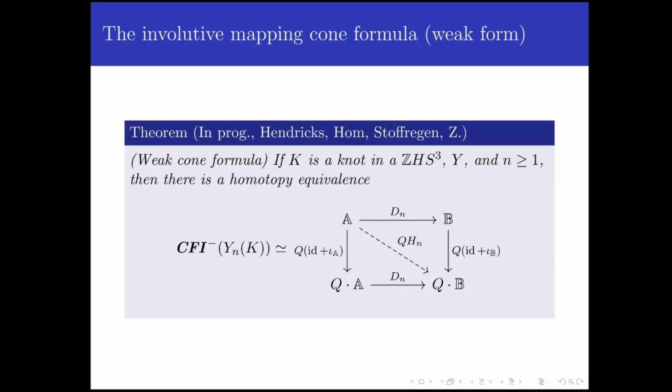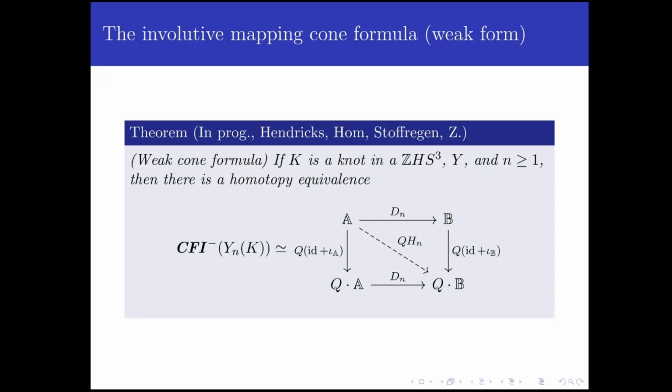Okay, and then, joint with Kristen Hendricks, Jen Hom, and Matt Stoffregen, we've also proven the involutive mapping cone formula. Here I have the statement of the cone formula in a slightly weaker form.